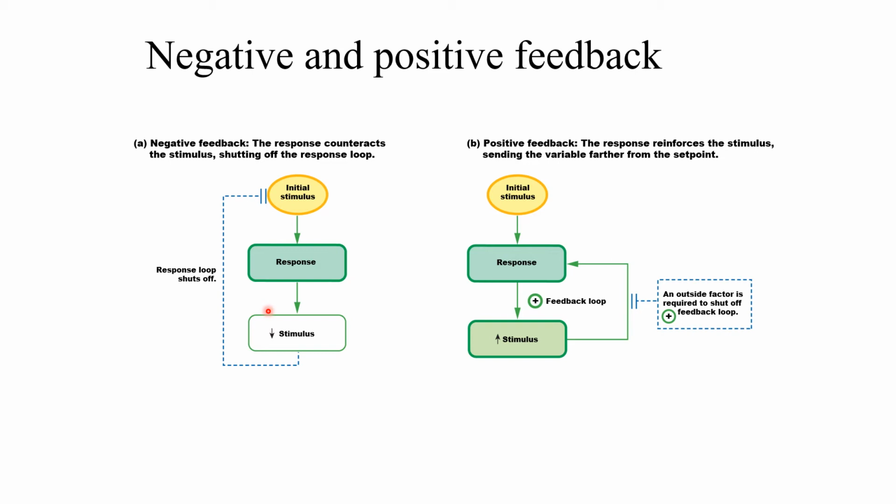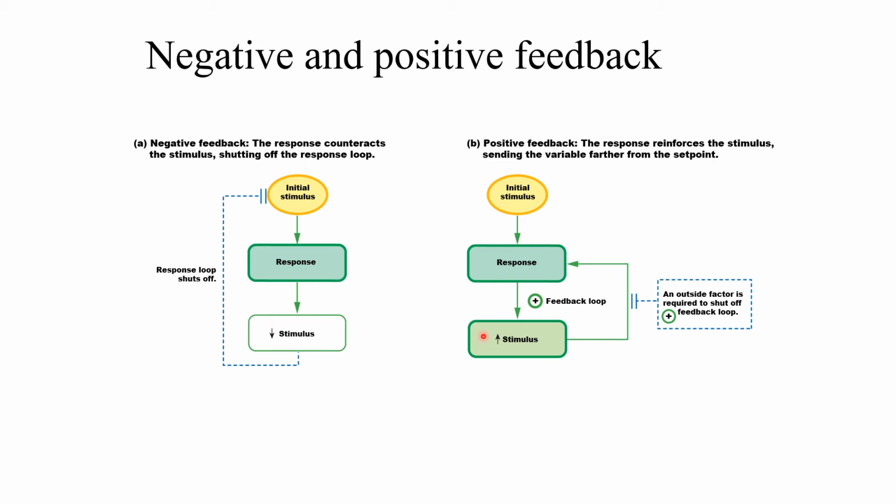On the other hand, in the positive feedback loop, when you are faced with a change and your body tries to respond to it, the response is actually going to reinforce the stimulus. It's going to reinforce that change that you are facing. So the response your body goes through is not to remove that change, like remove that stimulus or even decrease it.